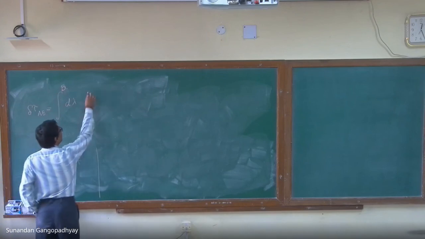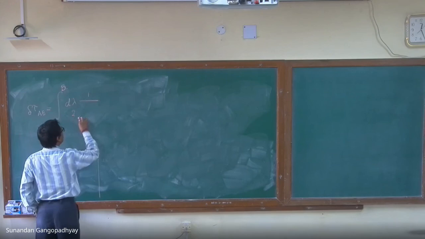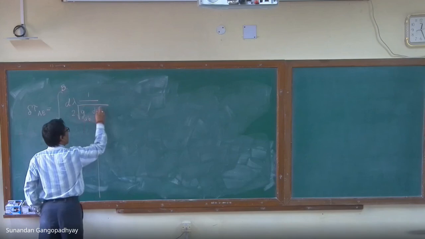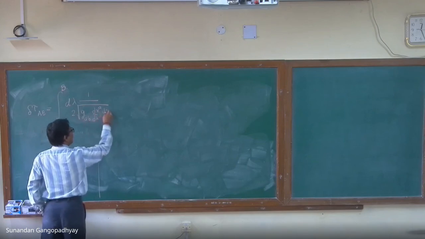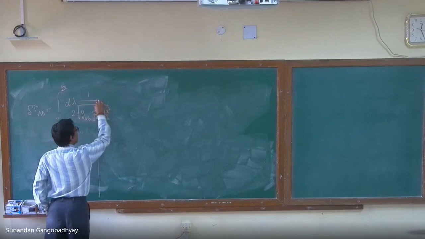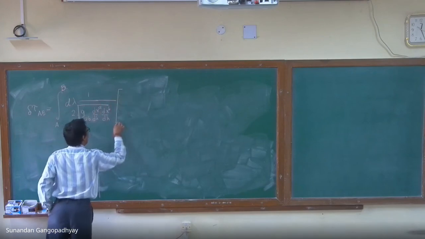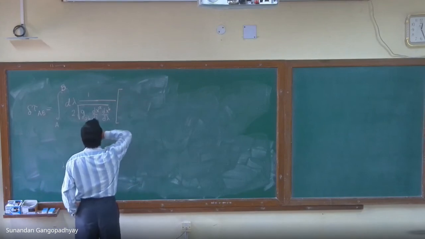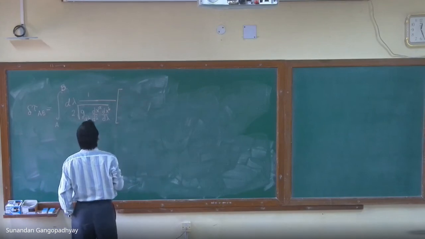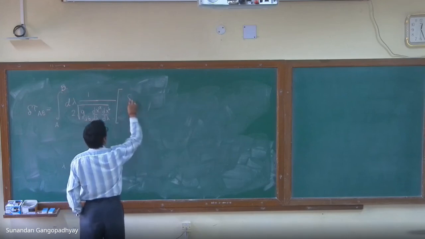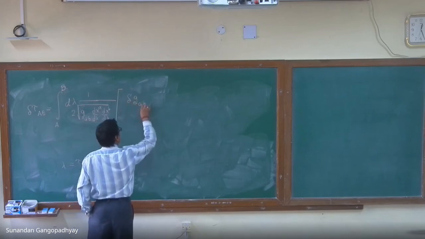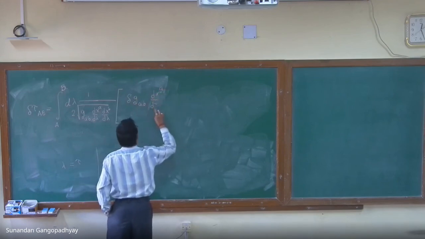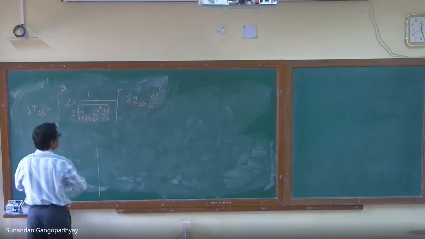Delta of L. So it will be what? 1 by 2 square root. Here we have lambda will be tau.